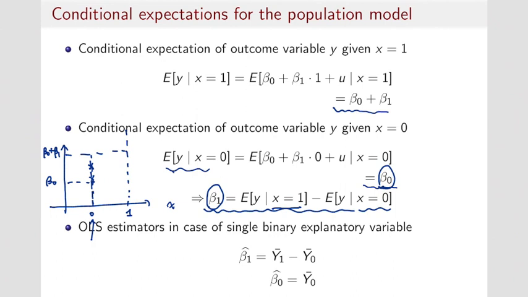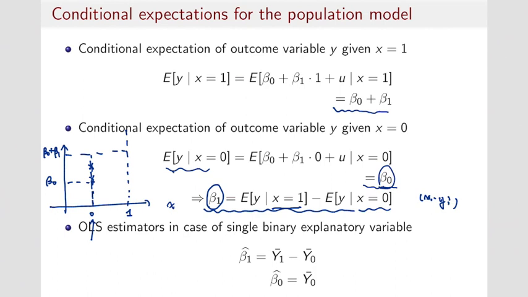We cannot observe all observations in the population. We often get a sample xi and yi and estimate these two parameters.